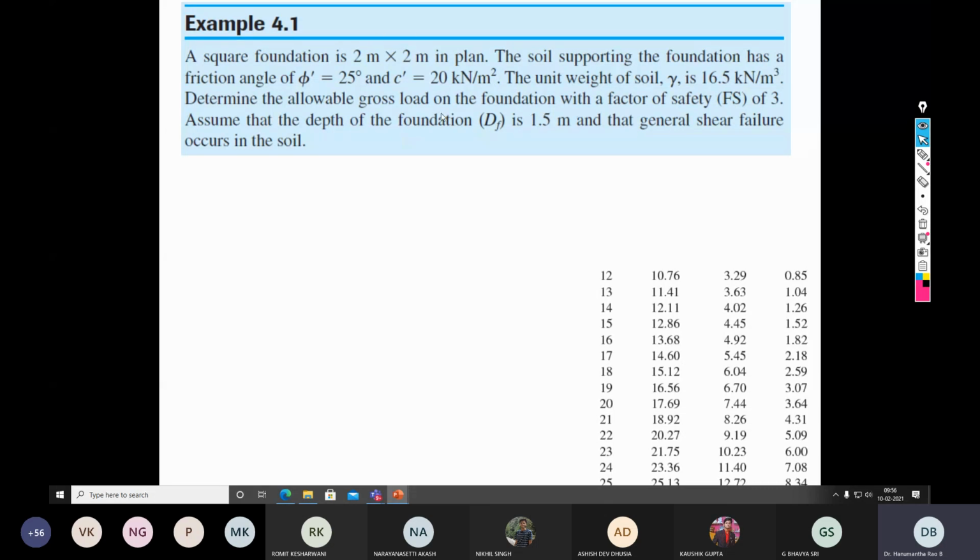Try to note down this problem and try to recall the equations which we have discussed with regard to Terzaghi's theory, Meyerhof's theory, Hansen's theory, and Vesic's theory. Let us try to get first-hand knowledge on how to determine the bearing capacity of a soil. So just note down, everyone.